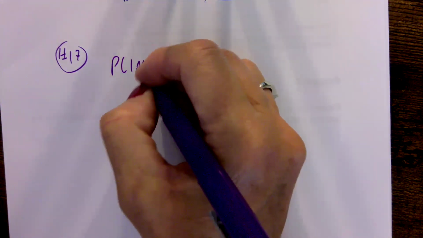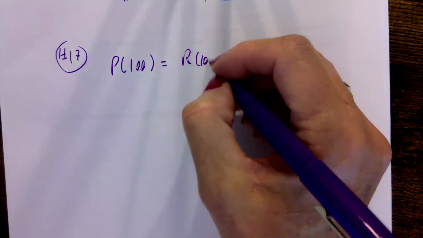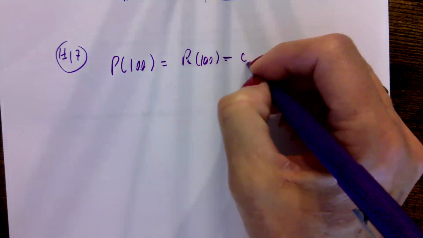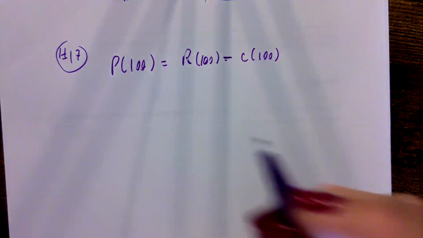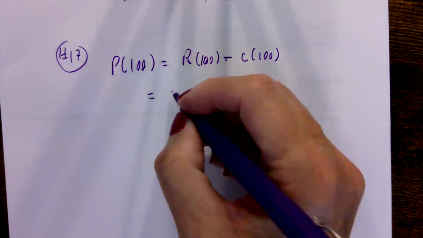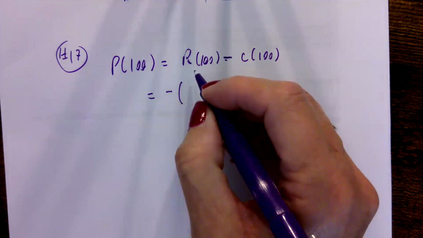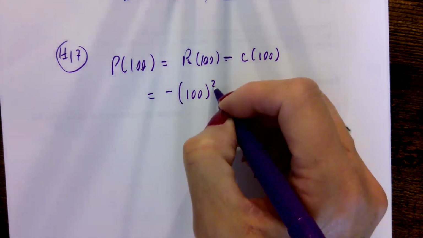So finding the profit at 100 means that we're taking the revenue at 100 and subtracting the cost at 100. So the revenue at 100 is a negative of the 100 squared.